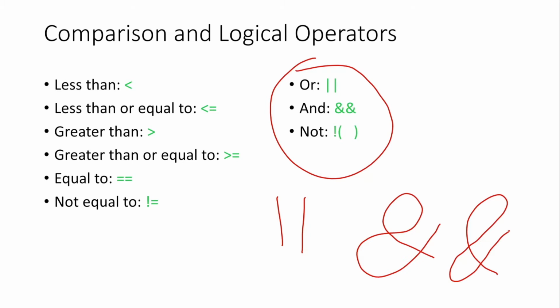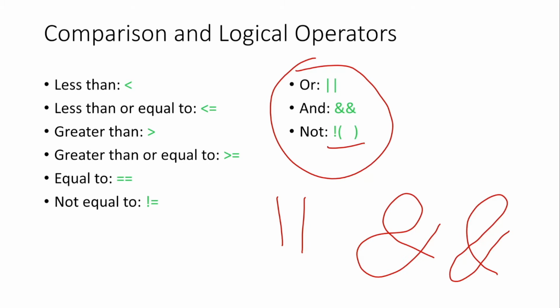And then we have the not. Basically, if you want to say something not, like if this is equal to this and this is equal to this, and you want to return false, you want to kind of reverse it, then you can use not.